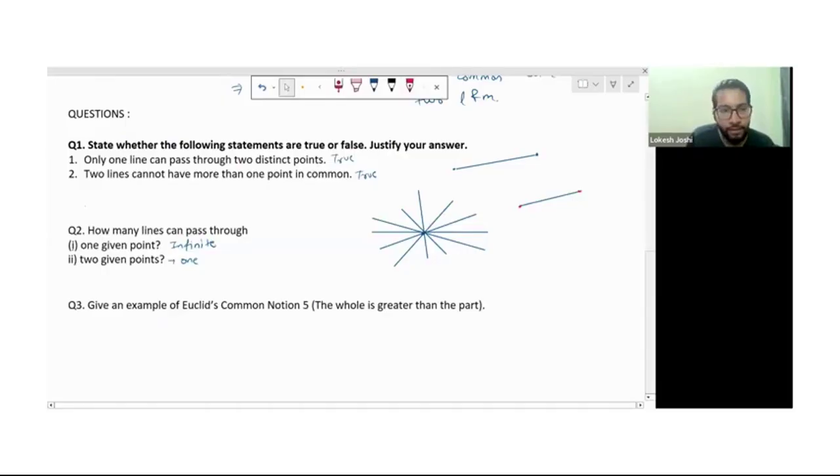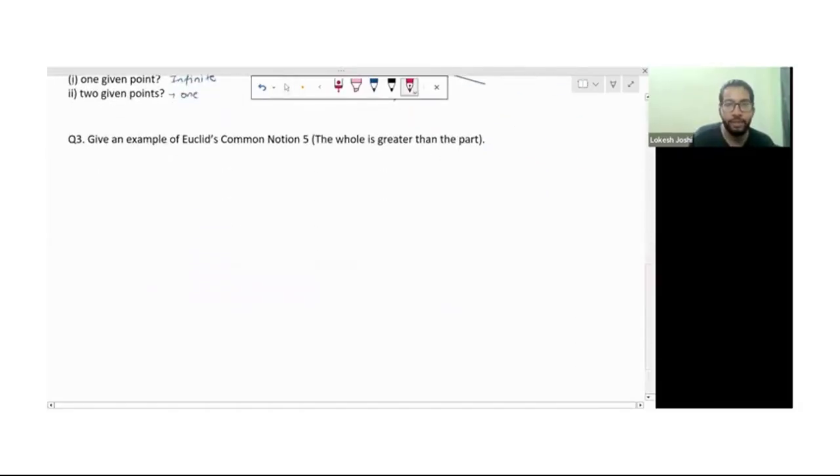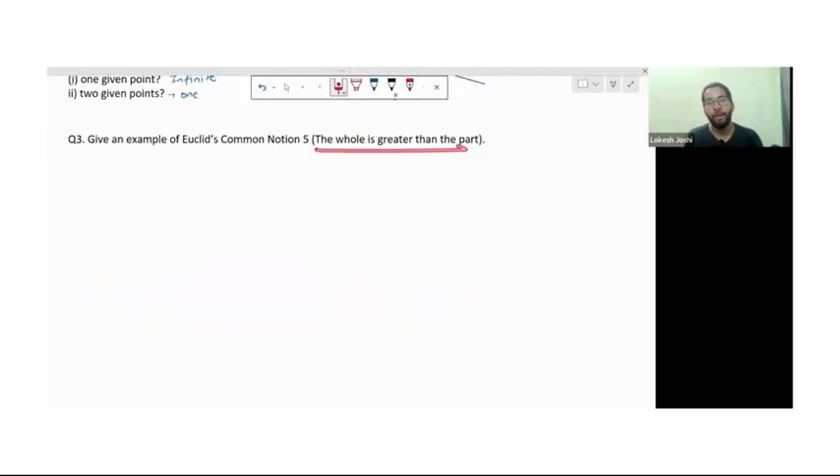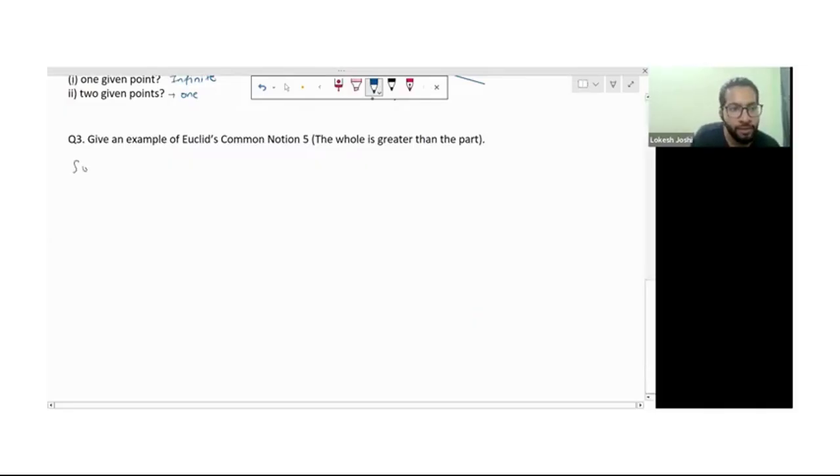Our last question, question number 3, is to give an example of Euclid's common notion 5, which is that the whole is greater than the part. We did the example of a rectangle in the previous video, so in this one I will give a mathematical example. Suppose we have a collection of numbers A which includes 1, 2, 3, 4, 5.